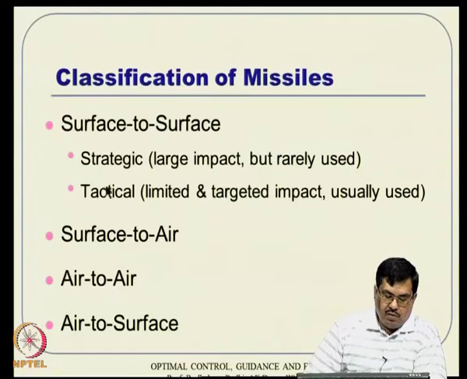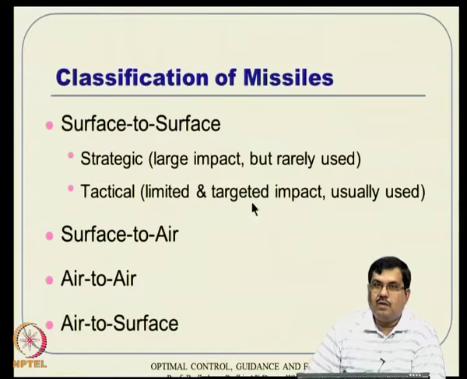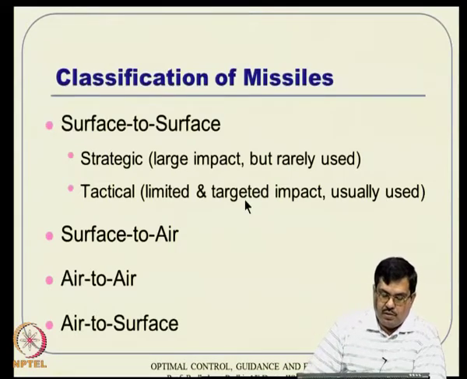But tactical missiles have limited but targeted impact, and that is where the usage becomes much more common, because you don't want collateral damage or unnecessarily large damage. Then surface to air is largely defensive in nature.